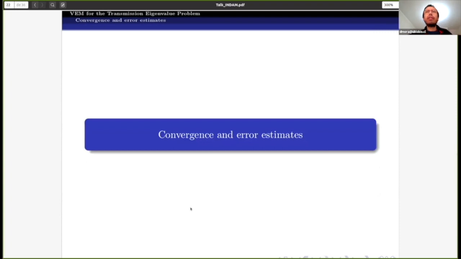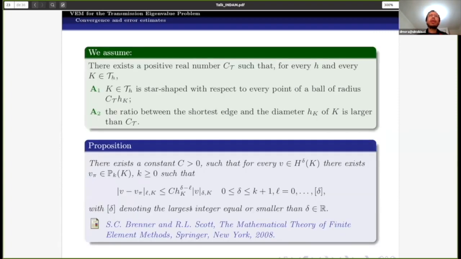Okay, now for the convergence and error estimate, we are going to consider the usual assumptions for the mesh, which is that the element is star-shaped, and the ratio of the shortest edge is comparable with the diameter.